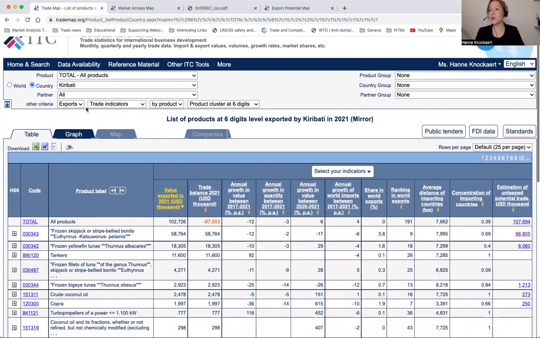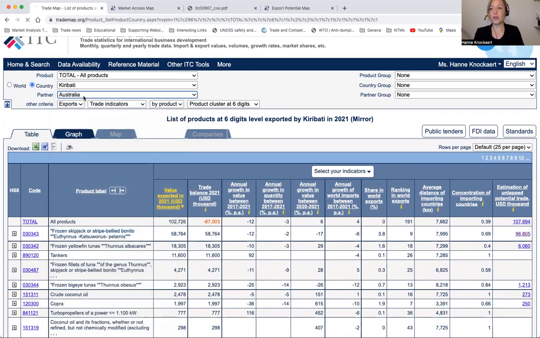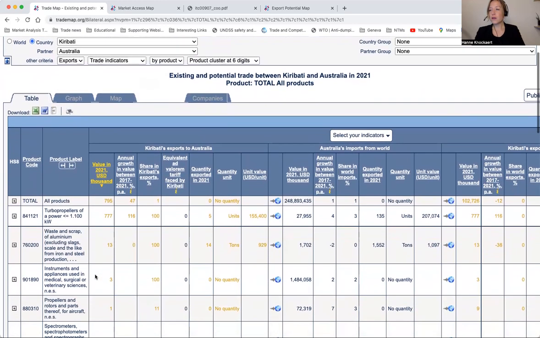Okay, let me look into what we are trading between Kiribati and Australia. So I fill out Australia here. And then we can look into the bilateral trade. So we see that maybe turbo propellers will show more information on this trade agreement.